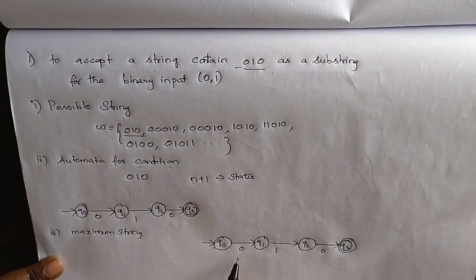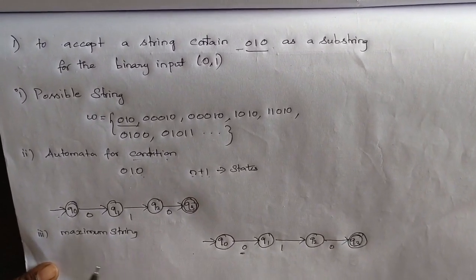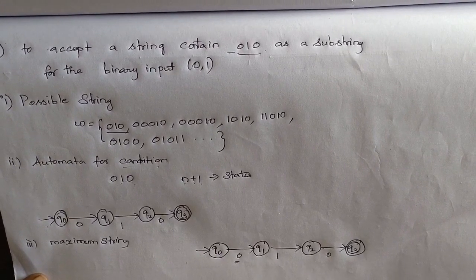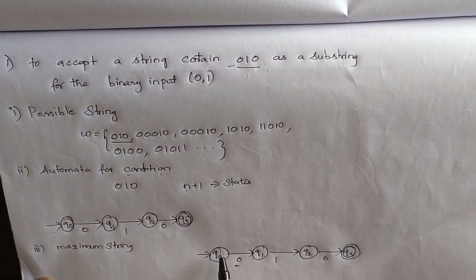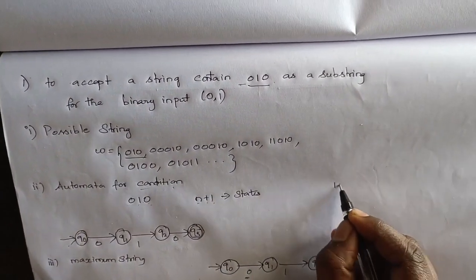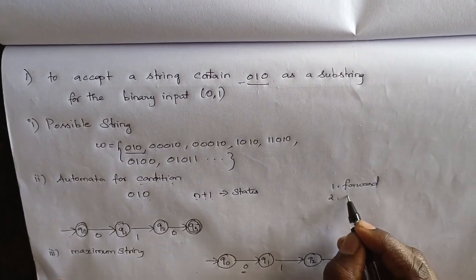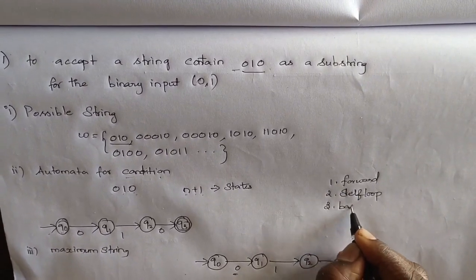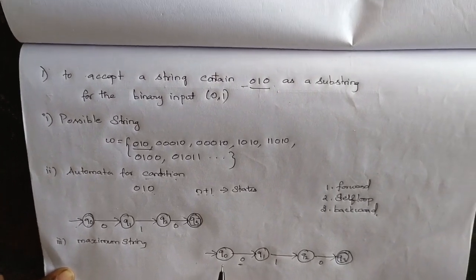First take Q0. At Q0 the input 0 is transferred, and the balance input is 1. We have to check where to transfer the 1 so that it does not change the condition of 0, 1, 0 as a substring. There are 3 possibilities: first forward transfer, second self loop, third backward.